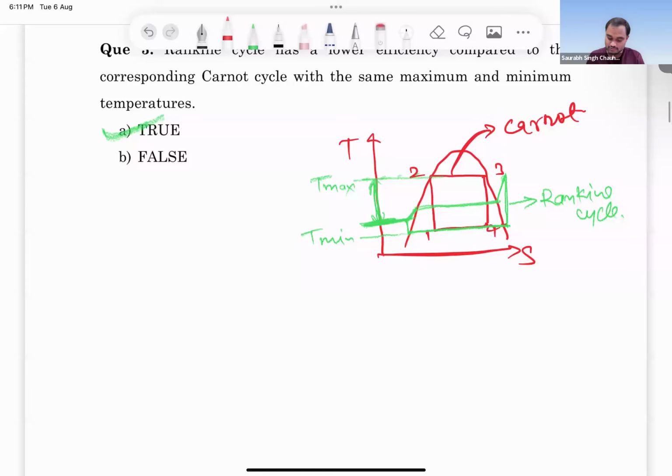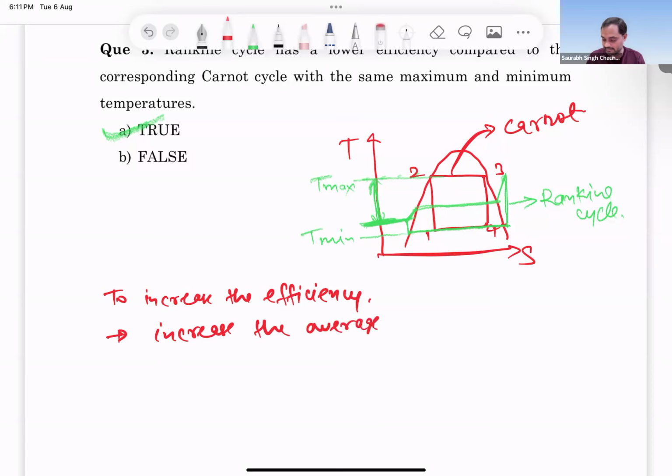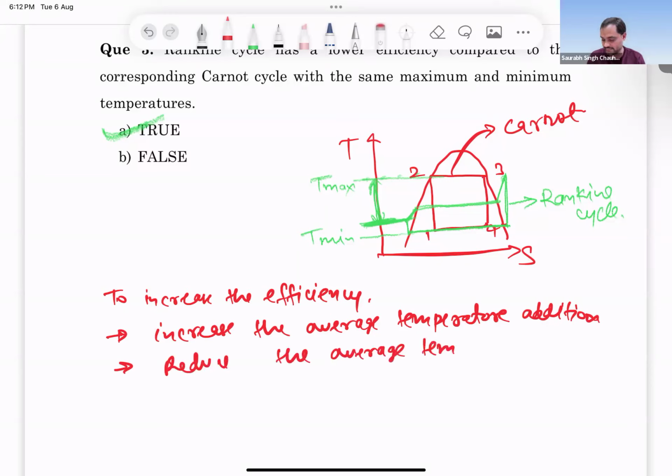You can just note, to increase the efficiency, we should increase the average temperature of heat addition and reduce the average temperature of heat rejection.